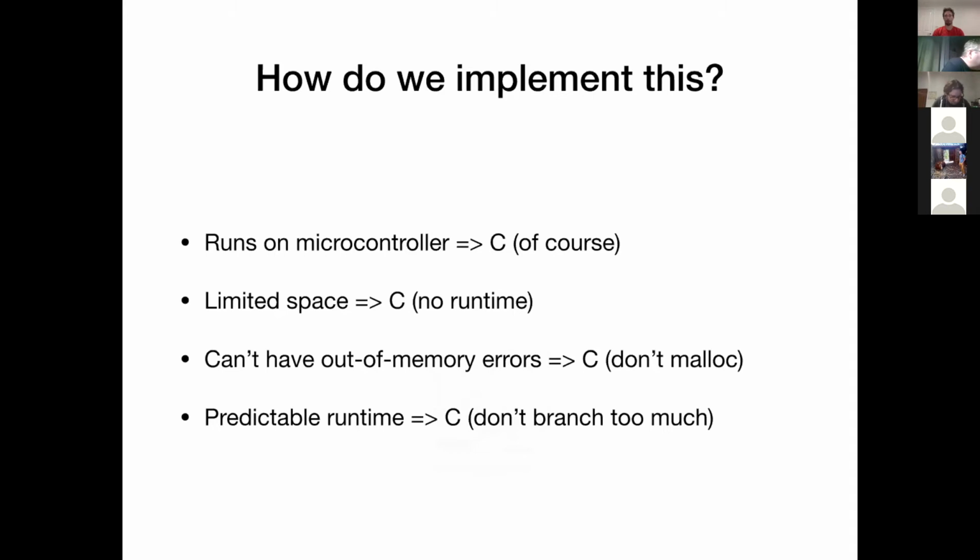Cogent is, I feel like Lustre and Cogent are in many ways duals to each other. Lustre is all about data flow. It's a data flow synchronous streaming language, so it's all about how things change over time.